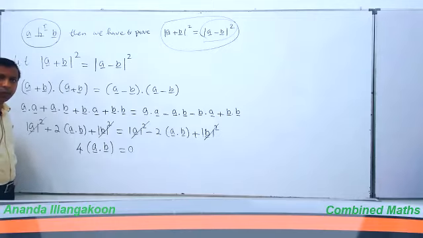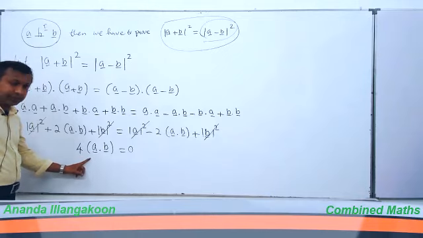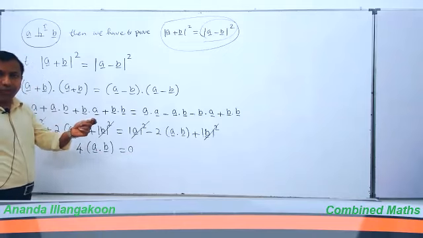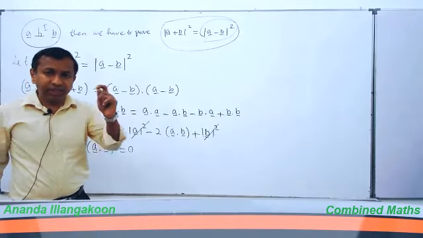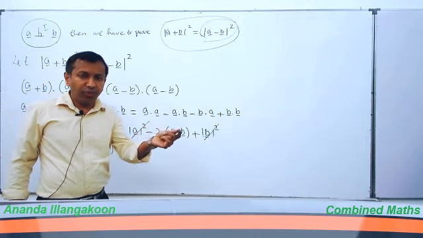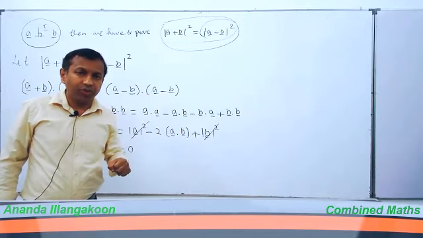Right. Now, 4 multiplied by this answer is 0. To get the answer 0, when 4 is multiplied by something, that thing should be 0, no people? Otherwise, the product will not be equal to 0.